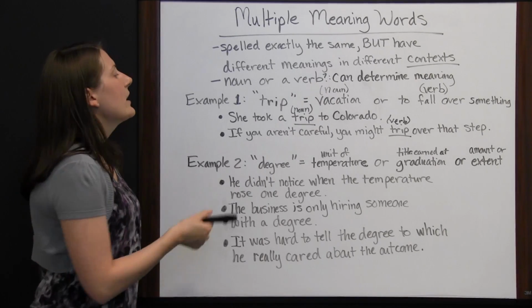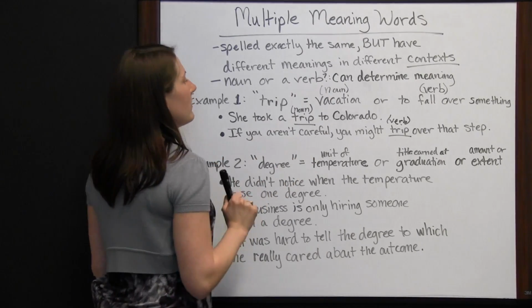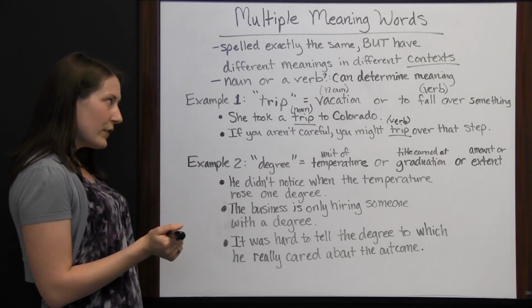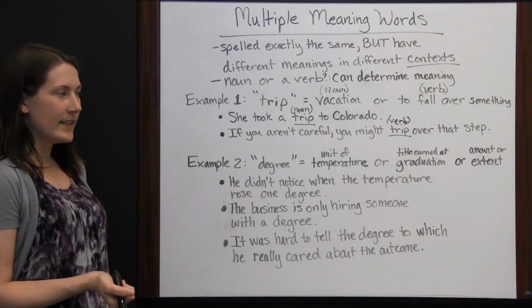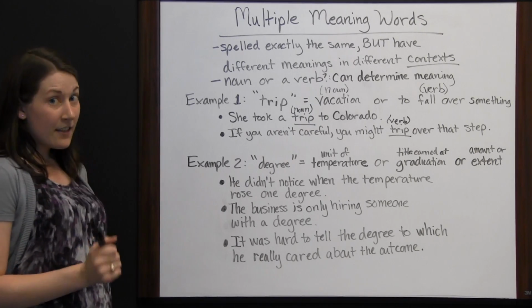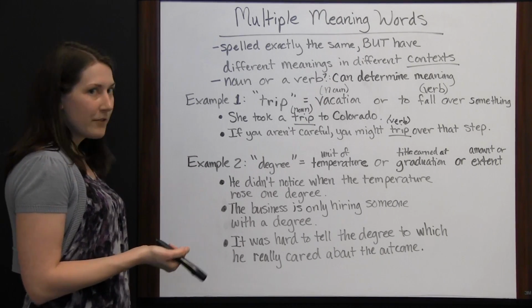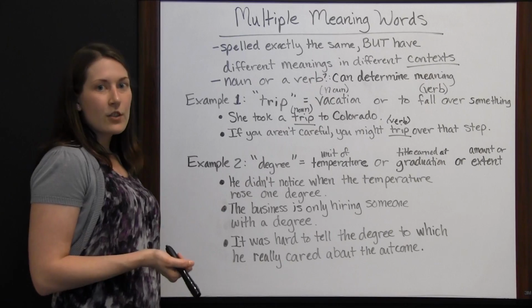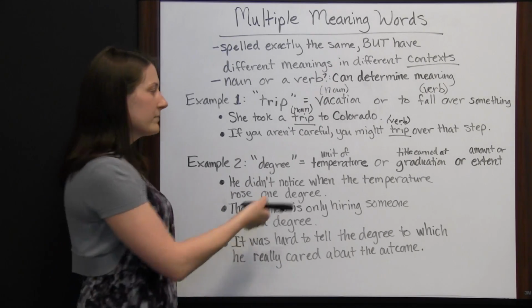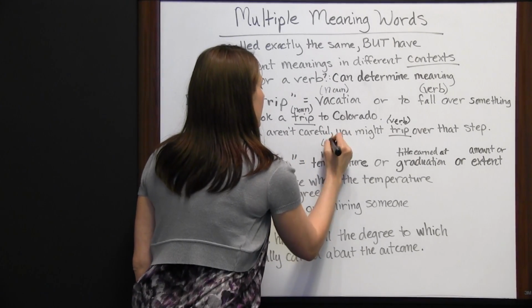So either way, finding out if it's a noun or a verb can help you figure out which version of the word you're using in that sentence. Let's look at another example. Degree. Degree has at least 3 different meanings, and this one's a little trickier because they are all nouns. Unit of temperature is a noun.